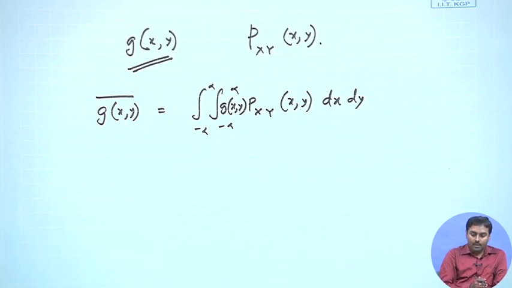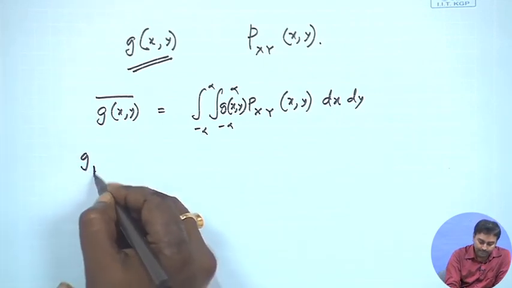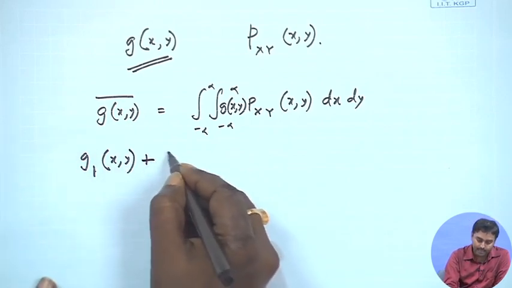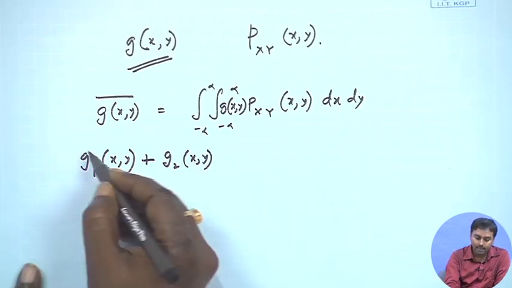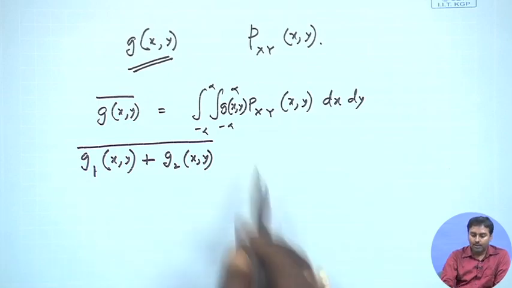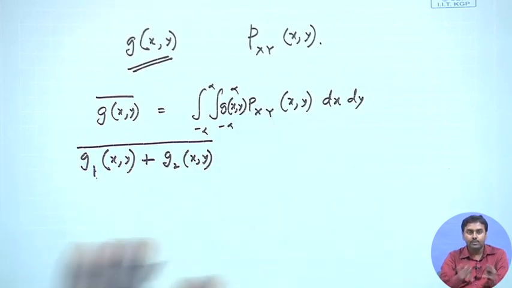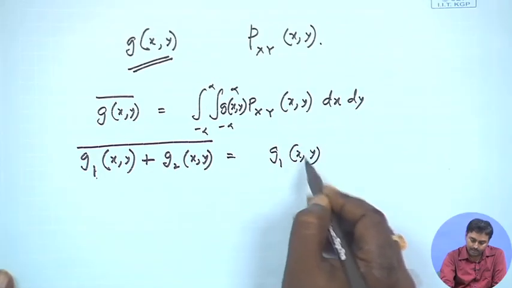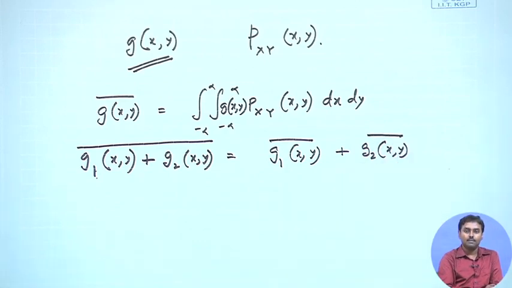Now I can also write, if I have g1(x,y), that is one mapping, and another g2(x,y), another mapping, with the random variables remaining the same, and I wish to evaluate the average of the sum. It can clearly be seen that g1 and g2 will be separated out, the two integrations will be separated out, and I can immediately say this is nothing but g1(x,y) bar plus g2(x,y) bar.